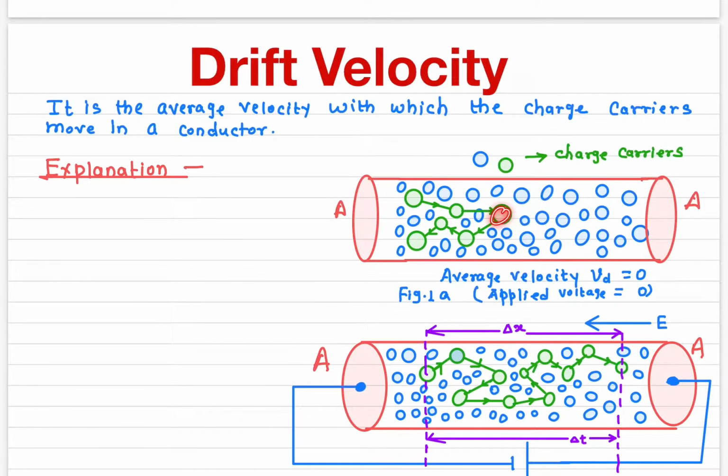Sometimes this might move this way, sometimes this might move this way. So it does not have a preferred path to move. And as a whole, the average velocity or the average displacement of the charge carriers is zero. That means the drift velocity is zero.